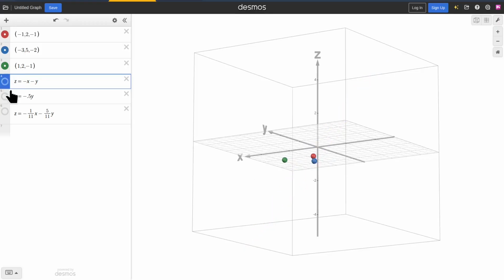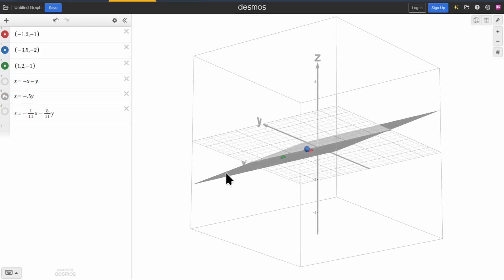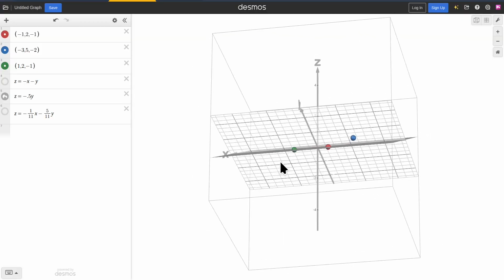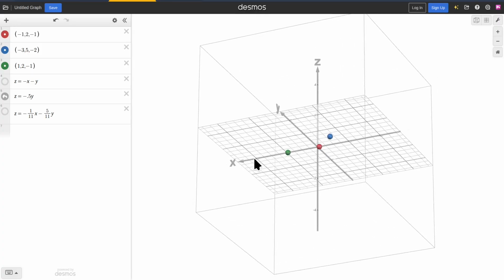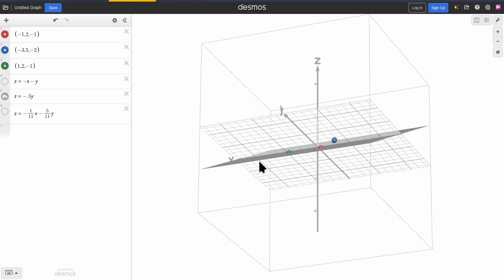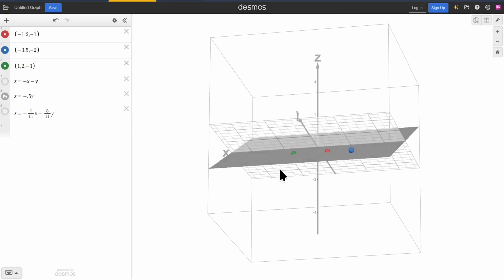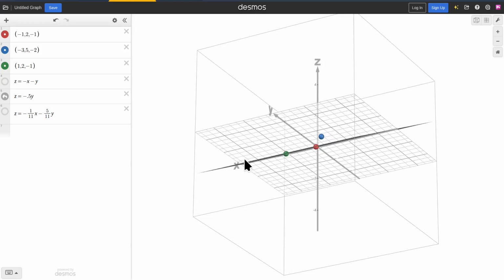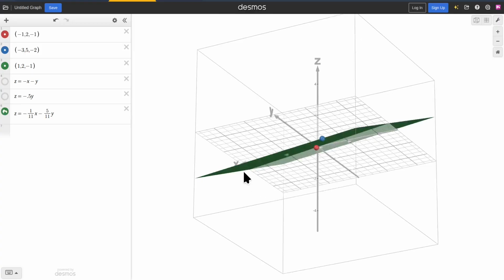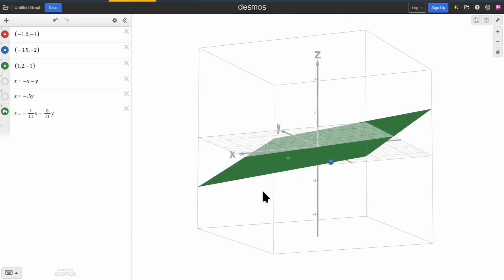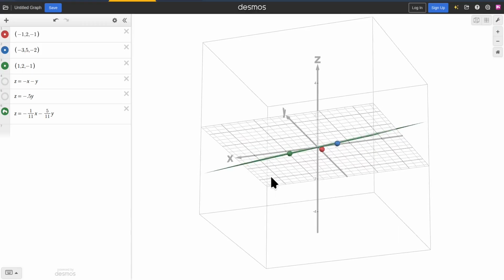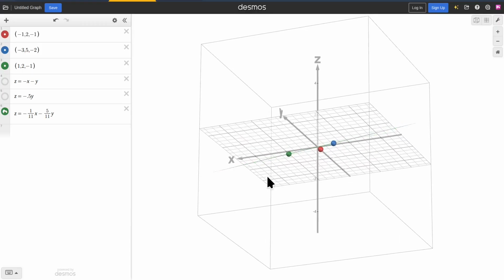Likewise, if we look at the span of the red and green points, which is a1 and a3, that's this gray plane here. That does not include the blue point. So, in other words, a2 is not a linear combination of a1 and a3. And likewise, this green plane, the span of the green point and the blue point, does not include the red point.